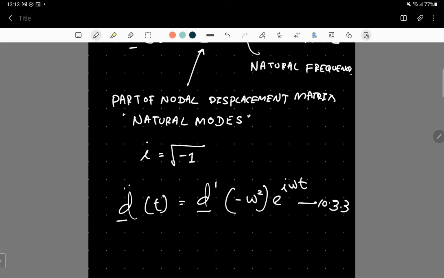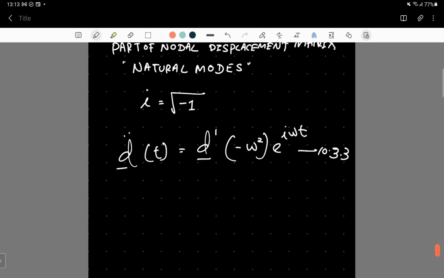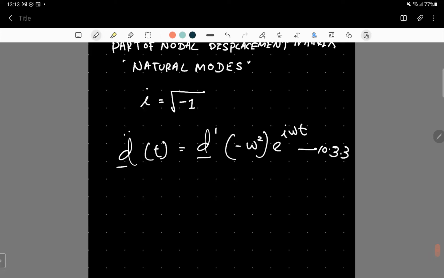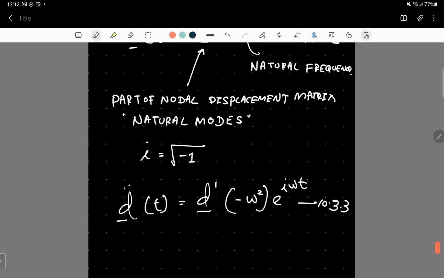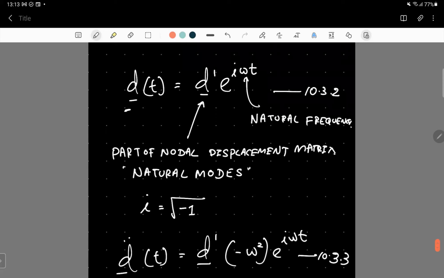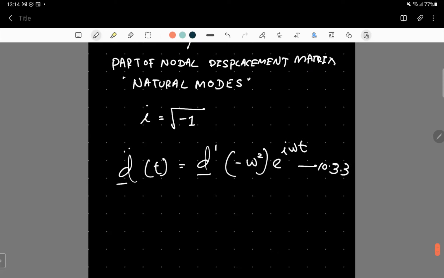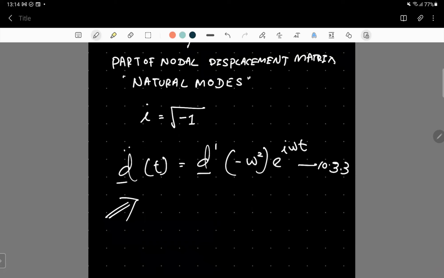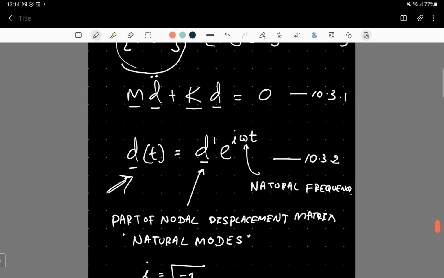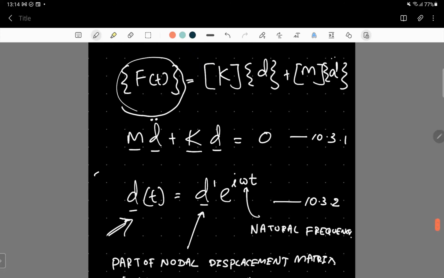So in the next step, we can use this solution in equations 10.3.2 and 10.3.1 to rewrite it. So what we will be using is the expressions for d(t) and d double dot(t) in the original equation, that is equation 10.3.1.